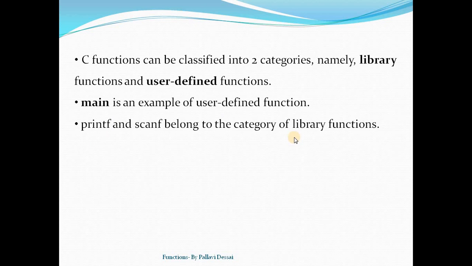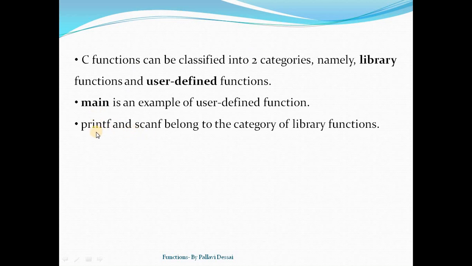Functions which are previously made for us, which are ready-made in the C programming language, are the library functions. So we directly use them in our program. For example, the printf function and scanf function, which we use for output and input, are ready-made for us. No need for the user or the programmer to type the program for printf and scanf.